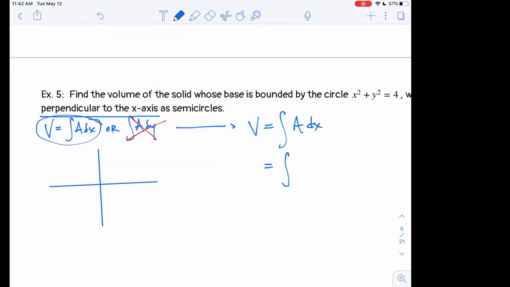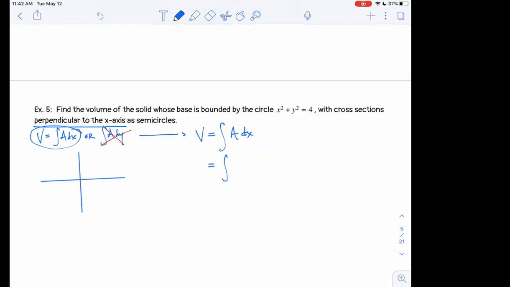Good. All right. So with this problem, the problem says that the shape you have is a circle. X squared plus y squared equals 4. But in Calc 2, you might get the same problem, but they might leave out that word circle. So it's really important that you can tell based on the equation what shape it is, okay?